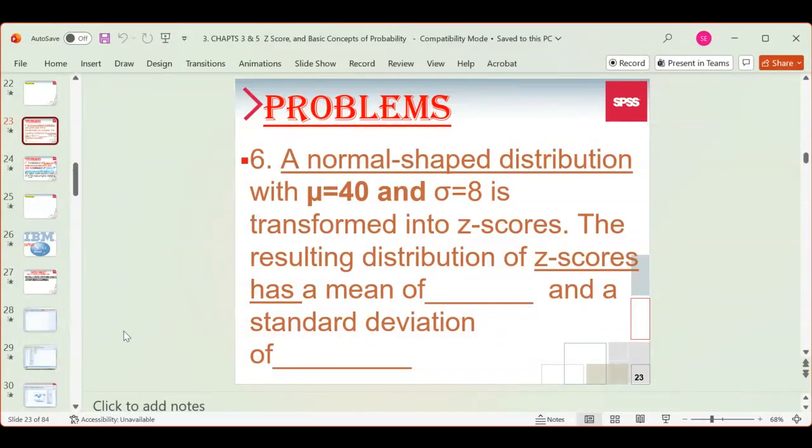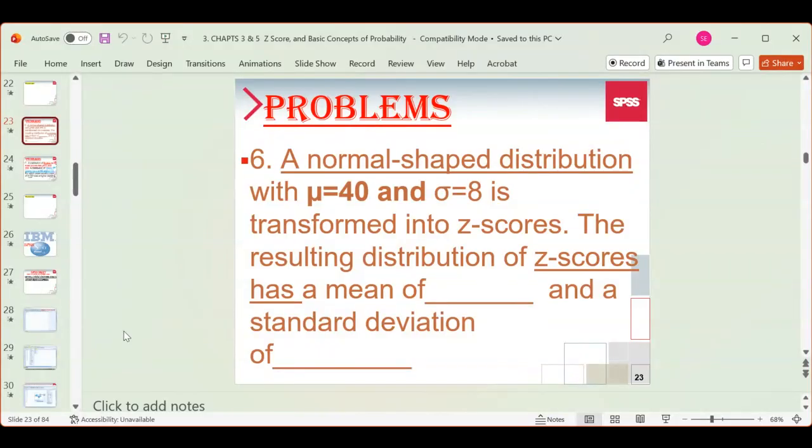This one says a normal shape distribution. When it says normal shape distribution, that means you are dealing with standardized tests. It has a mean, that is the standardized test. It doesn't have to be IQ or GRE or ACT or Wisconsin card sorting.